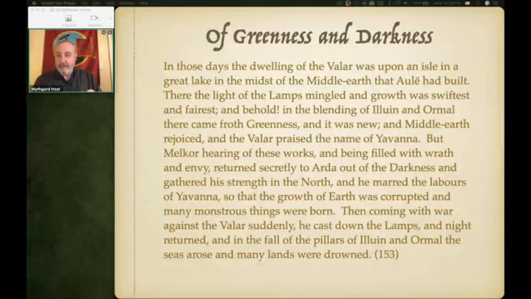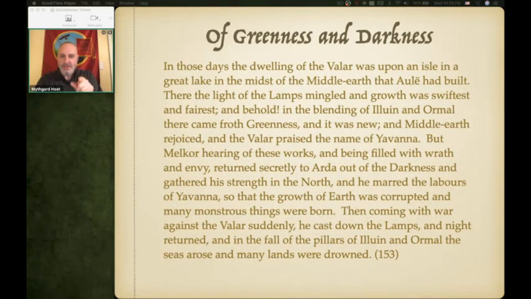I would say that element seems to be almost entirely gone here. Brian, I'm really glad you recalled that, because if we can hold the Book of Lost Tales version in our heads for a second, we will see most keenly how Melkor's character has grown in Tolkien's mind.